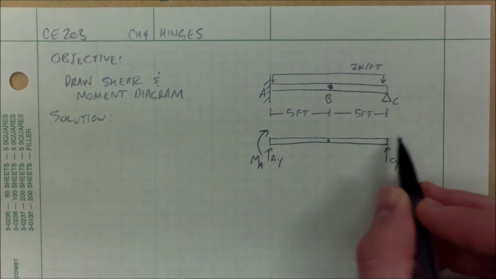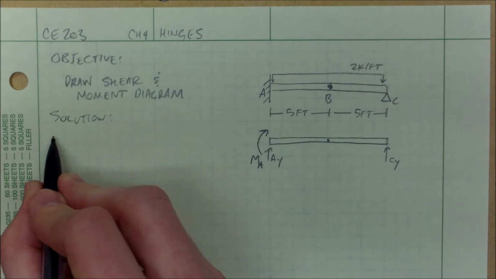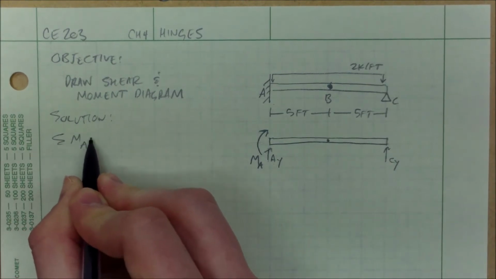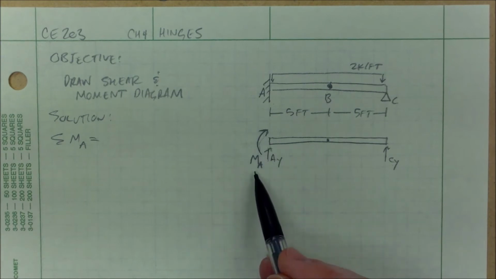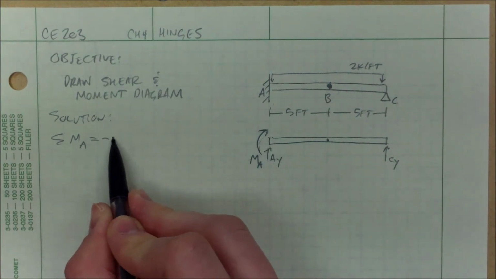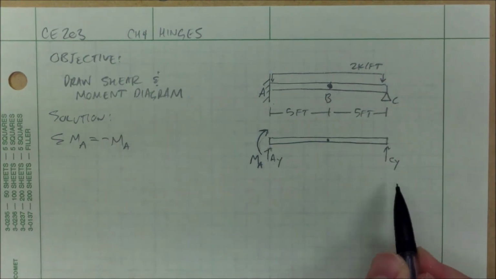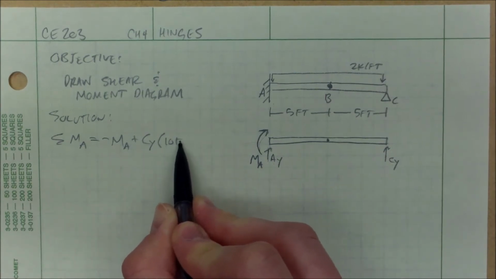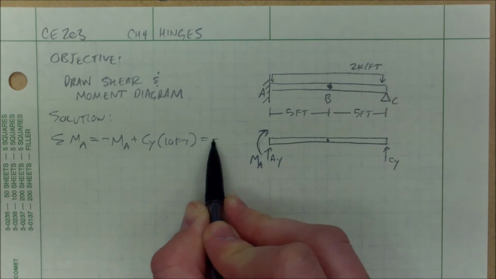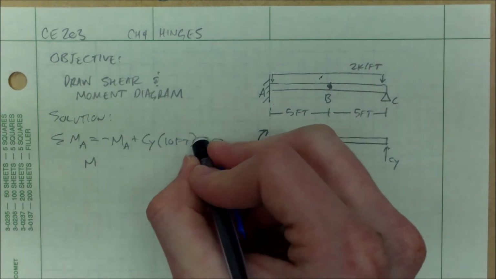Let's see what I can get from this situation. If I take a moment at A, summing the moments at A, I have to include my moment at A, which is negative, and I have a positive moment from CY. Oh, I forgot my distributed load.